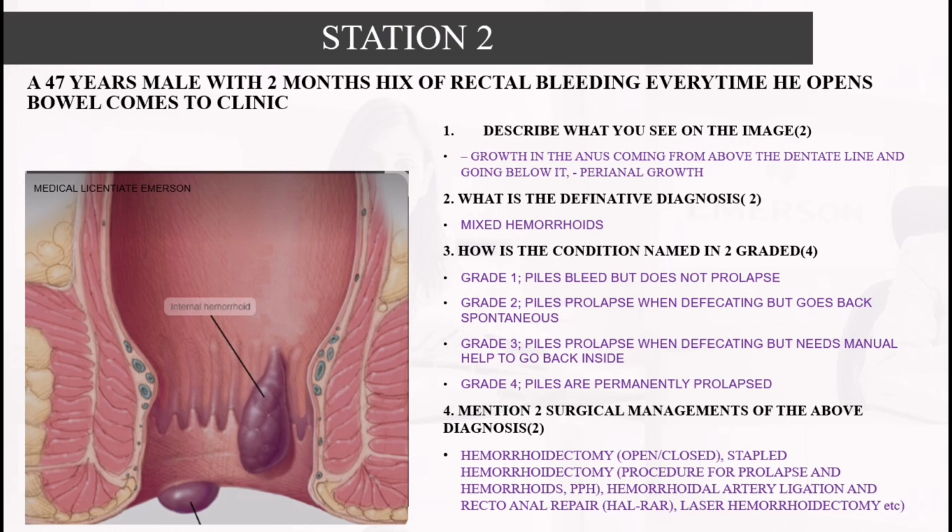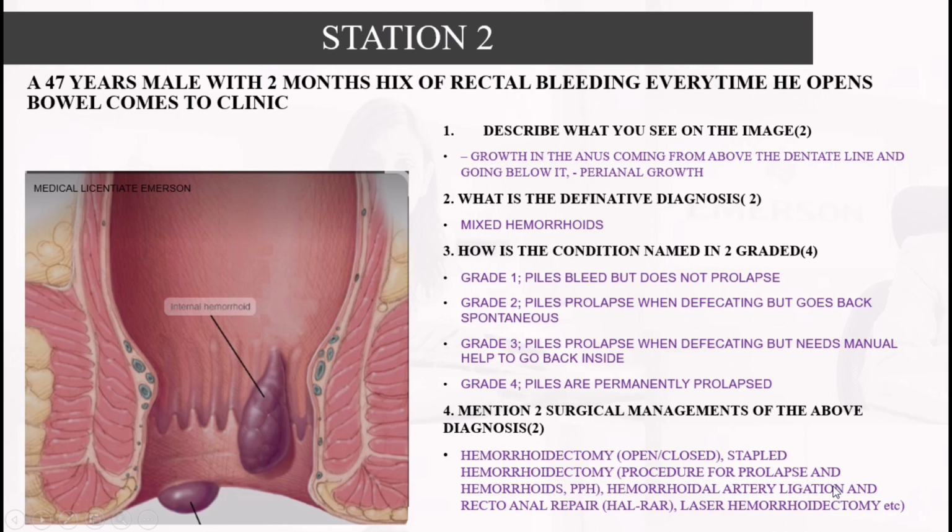Then we have stapled hemorrhoidectomy, which is an example of a closed one. It can also be called procedure for prolapse and hemorrhoids, abbreviated as PPH.